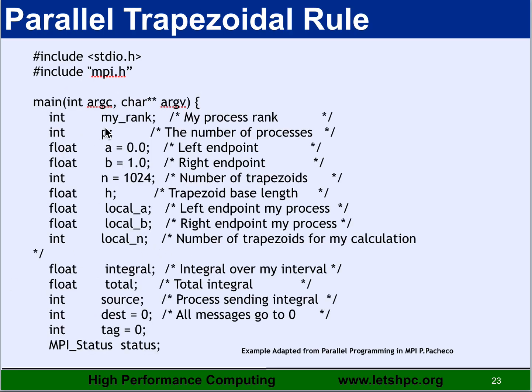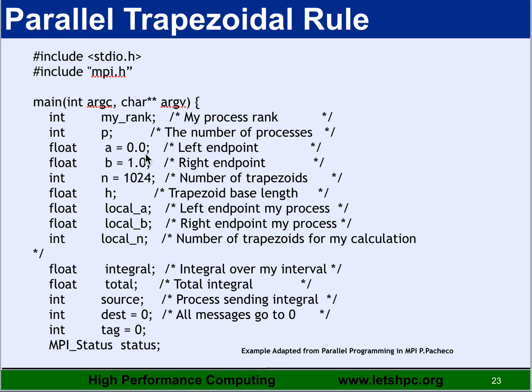The first thing we need to mention is the process rank for any given process. So this my_rank variable stores that information, my process rank. What is the total number of processes? This is the left endpoint and right endpoint.